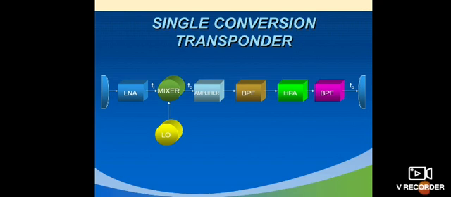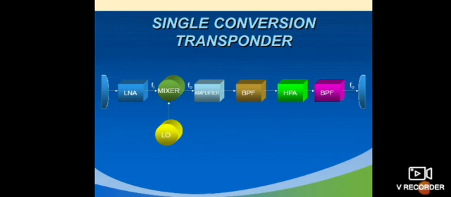The mixer output is then amplified again. Why? Because I have said that the downlink frequency should be amplified first. The amplifier provides amplification of the downlink frequency, and it is fed to the band pass filter.